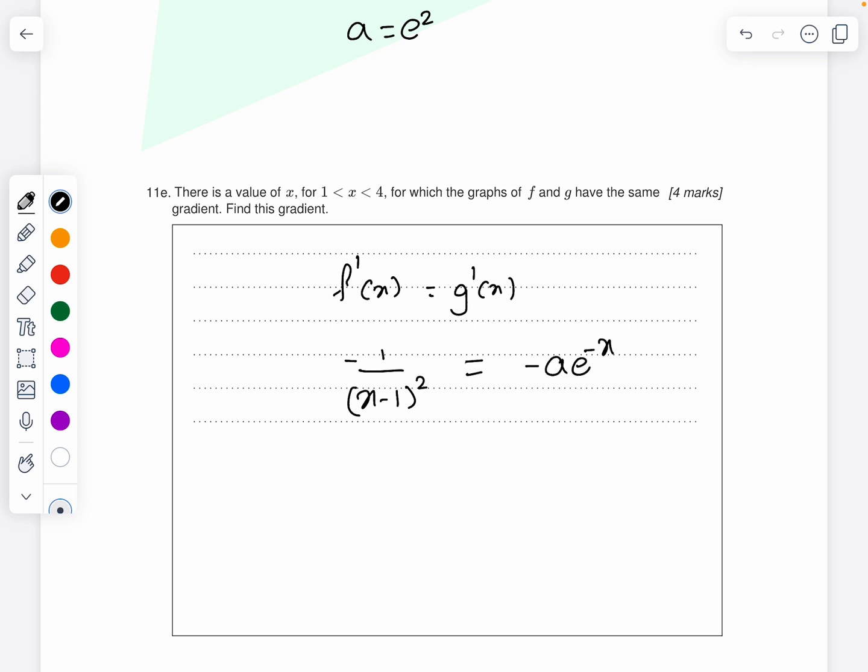Now, if you draw the graph, you should be able to see that the point of intersection of these two should be 2 comma negative 1. So the gradient is going to be negative 1. That's going to be the answer.